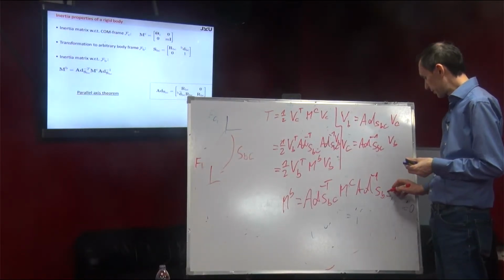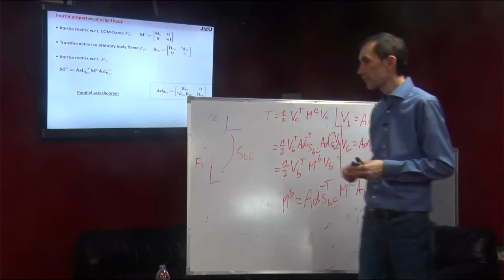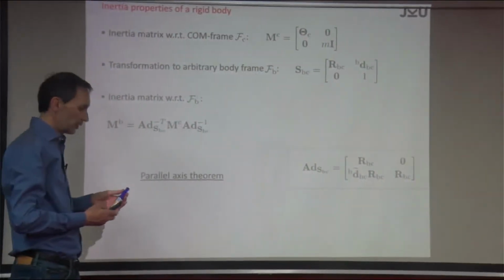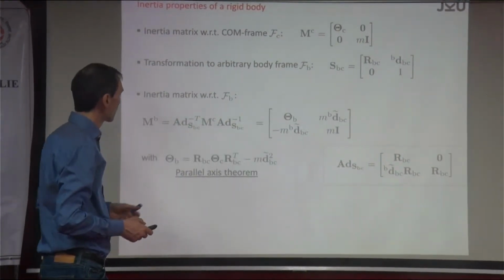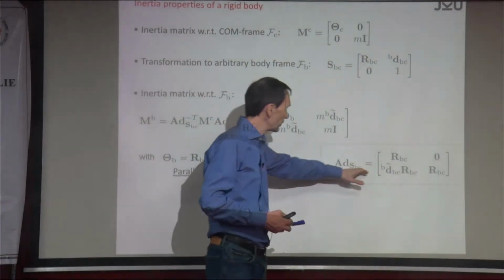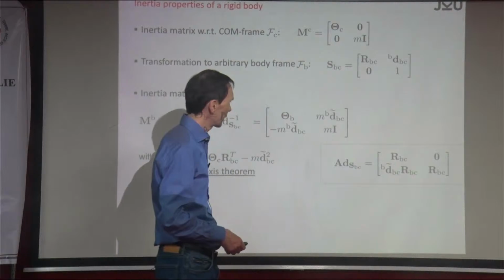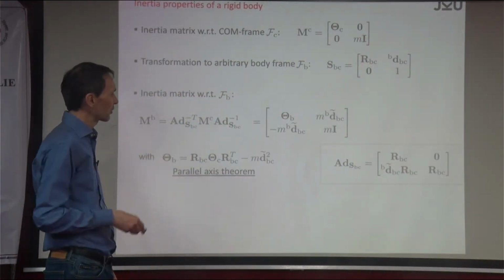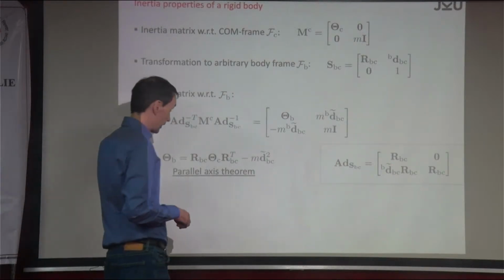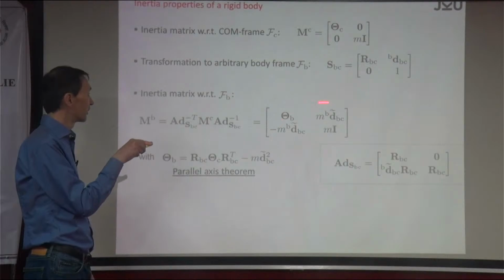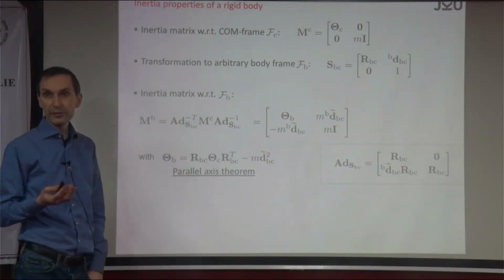And that's how you get the mass matrix here. So now you have the mass matrix in an arbitrary frame. And if you just plug in the form that we had yesterday for the adjoint, because again, rotation matrix and displacement, then you get explicitly this form of the mass matrix in an arbitrary frame.